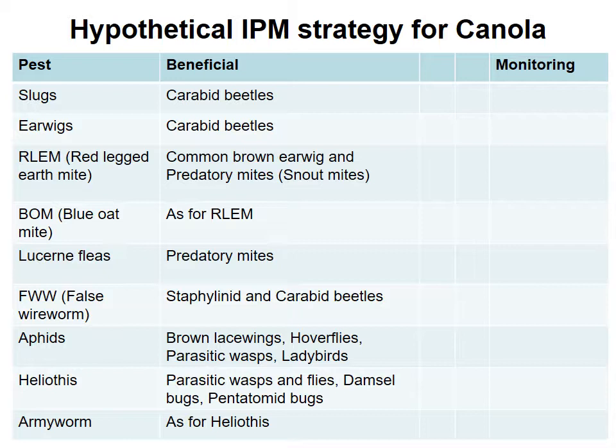So for example, the carabid beetles listed here are a group that contains many predatory species, and we know that they are generalist predators that feed on soft-bodied prey. This beneficials list will change as more information becomes available in the future.